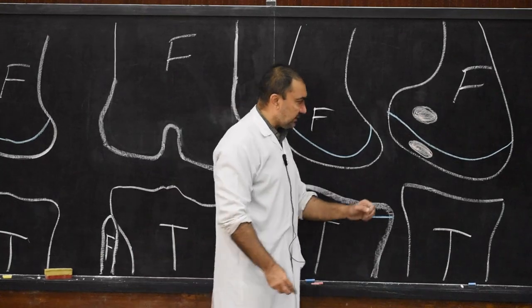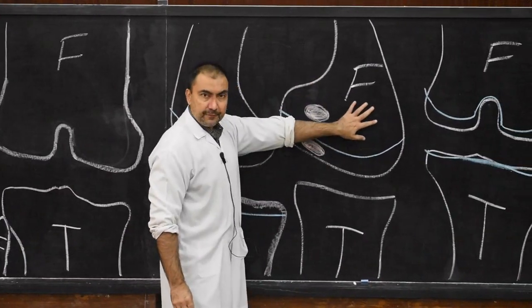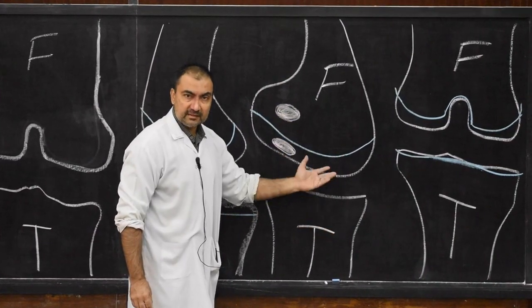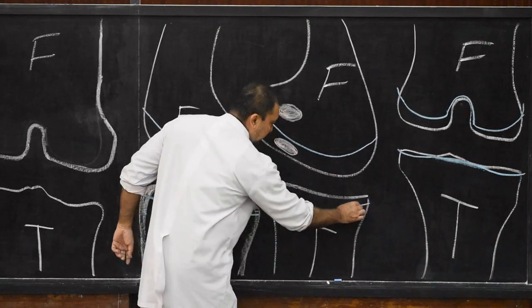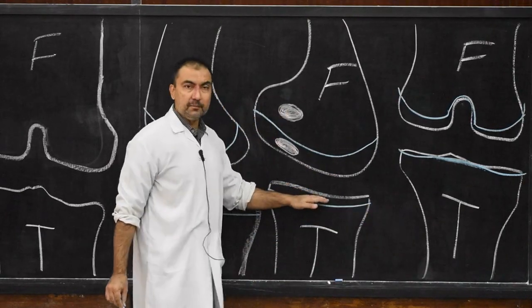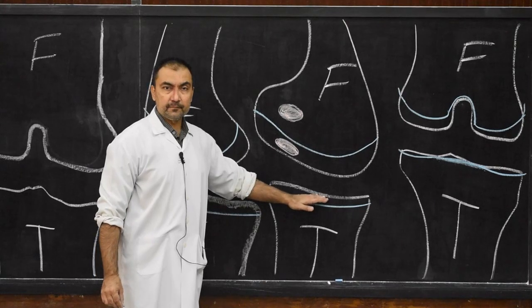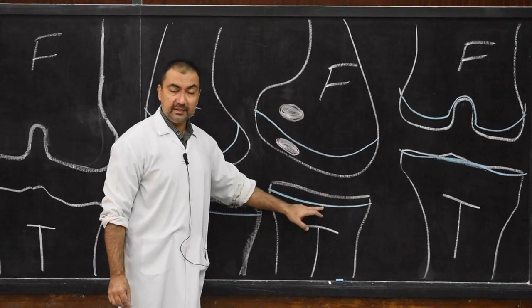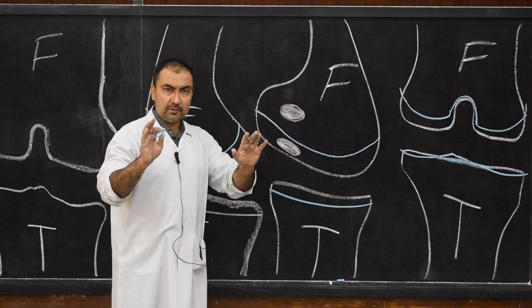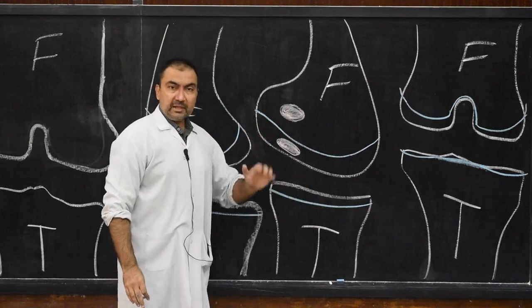Similarly over here, lateral condyle of femur, lateral condyle of tibia, sagittal section. So this capsule will cover the lateral articular margin of the tibia. This is the lower attachment of capsule in the lateral view. Very simple, do not complicate. This is how the capsule is attached.